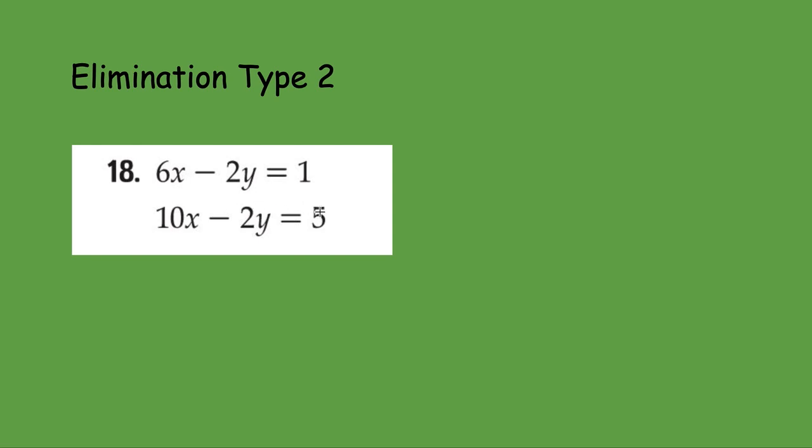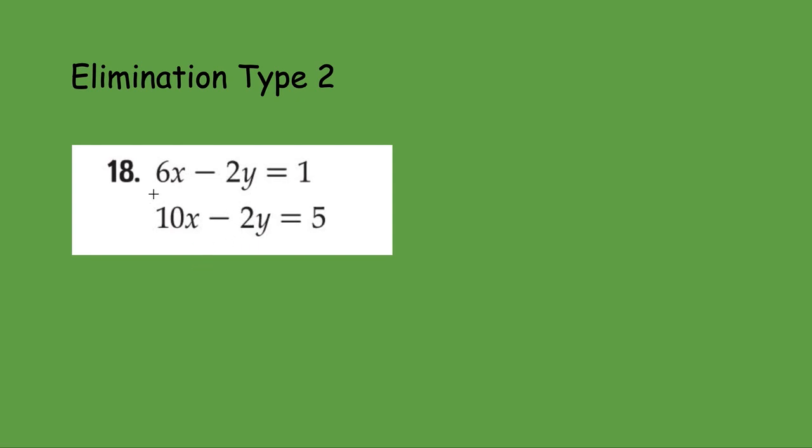So all you have to do, and it's this simple, is pick one of these equations and multiply it by -1. And by multiplying it by -1, it will make the other coefficient of the variable you're trying to get rid of, which in this case is y, the opposite term.